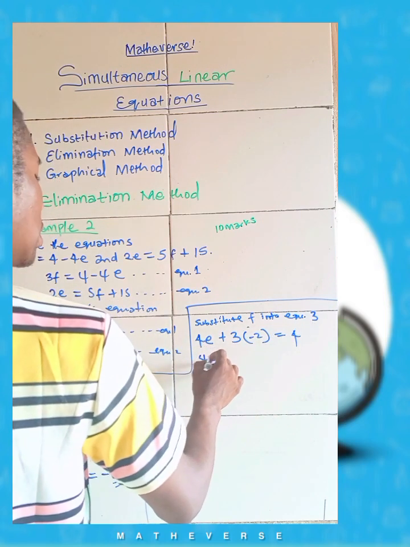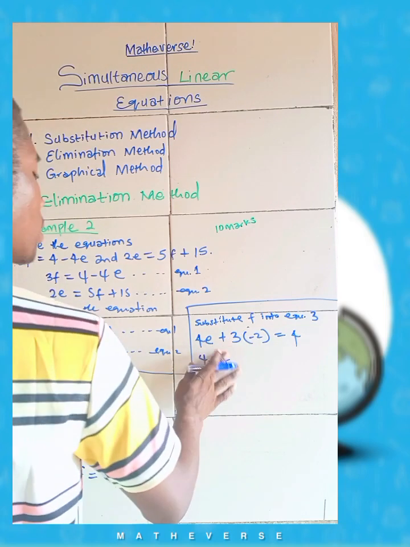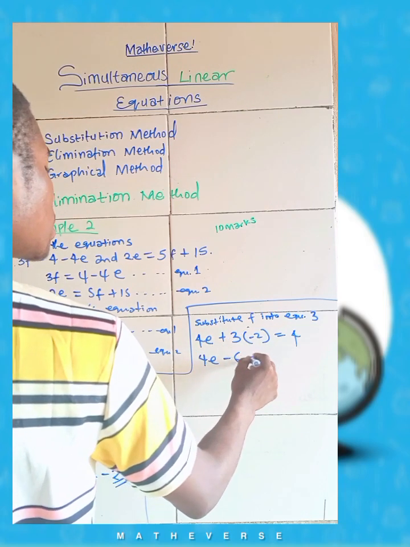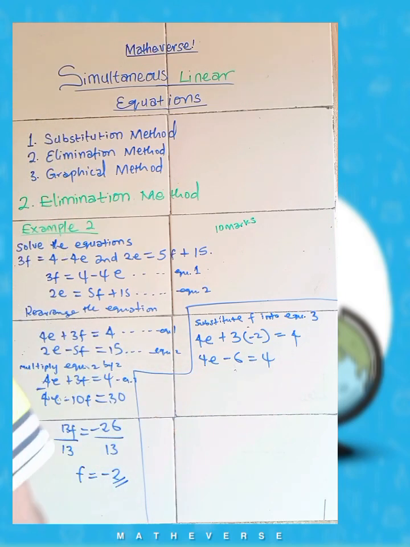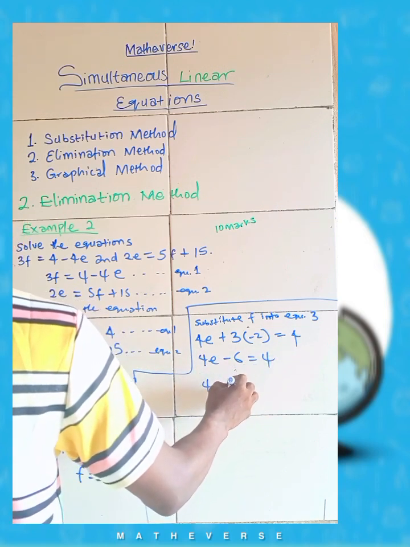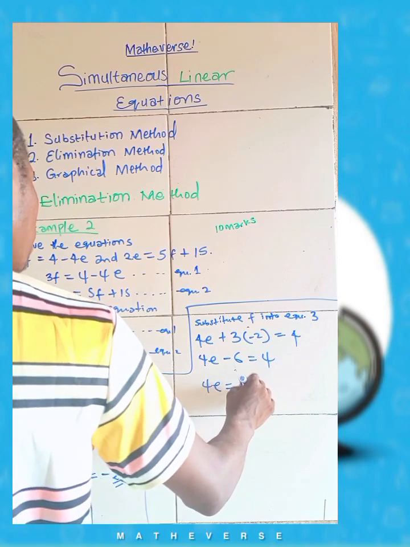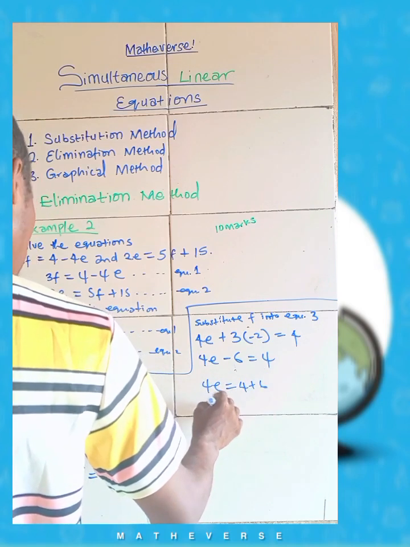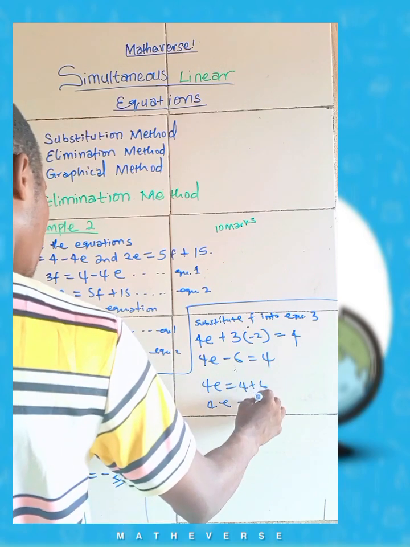So now 4e plus 3 times minus 2 is minus 6. Minus 6 equals 4. So 4e is here. So let's bring it to this side. 4e will now be equal to 4 plus 6. So 4e will be equal to 10.